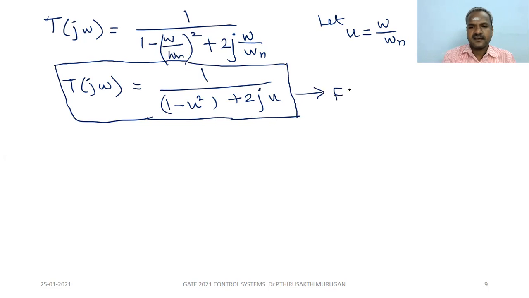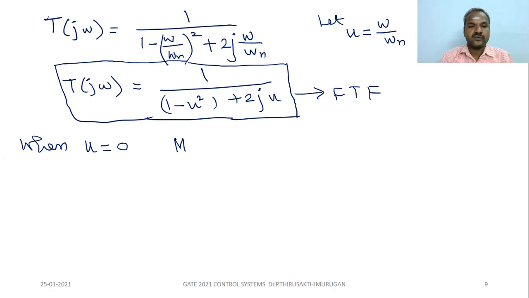From this frequency transfer function, we can draw the frequency response. We can plot the frequency response as usual. So when u equal to 0, what is the magnitude?